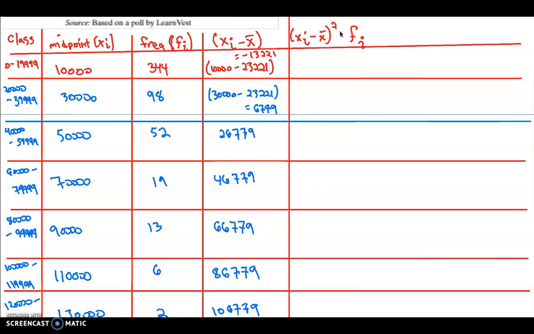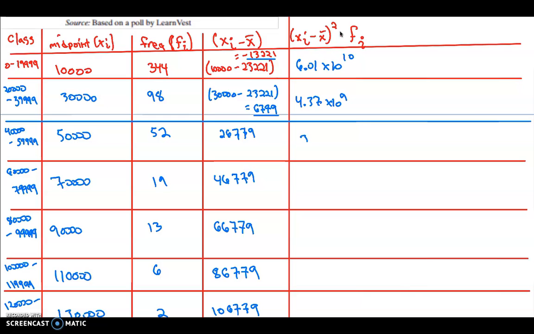Now, when I take the deviation, square it, and times it by the frequency, for the first one, I'd take negative 13,221, square that value, and then times it by 344. And it's big: 6.01 times 10 to the 10th. Okay, then the next one, I would take 6779 squared, and then times that by 98, and I get 4.37 times 10 to the 9th.